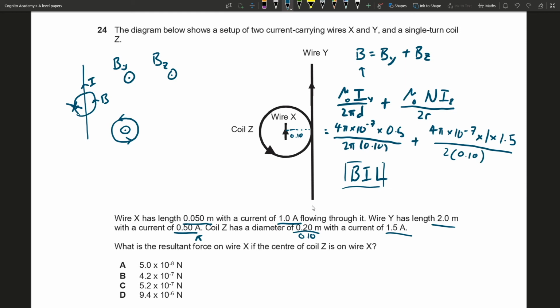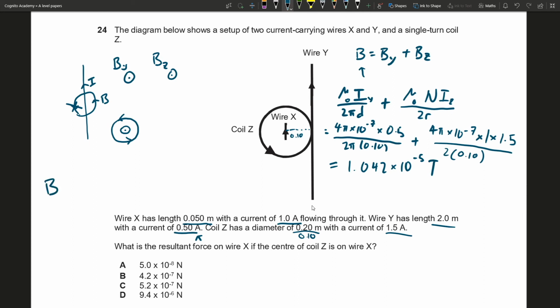And let me just erase this BIL, we'll get to it later. So if you calculate that using your calculator, you will get 1.042 times 10 to the power of minus 5, and that is in Teslas.